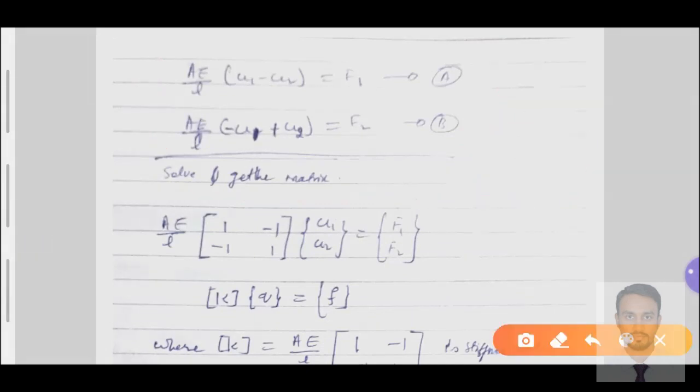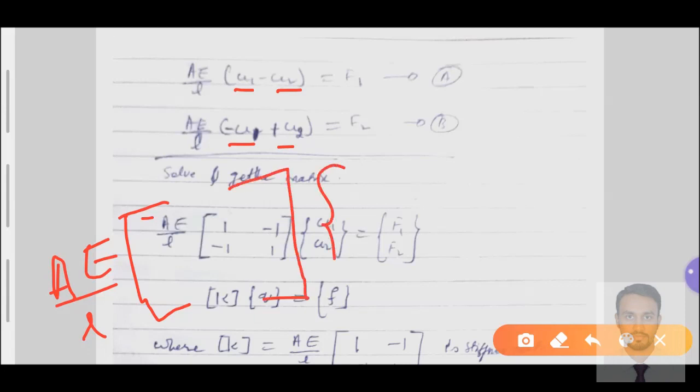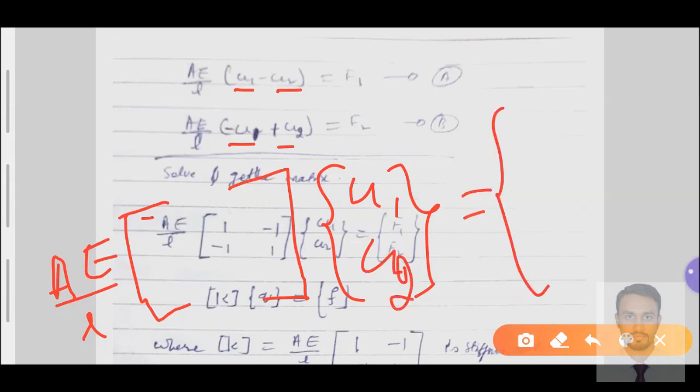So in matrix form, we'll get AE by L, which I will take common. Each matrix has common values. I will take it as it is here, and then I'll take u1 and u2 as a vector, equal to f1 f2.